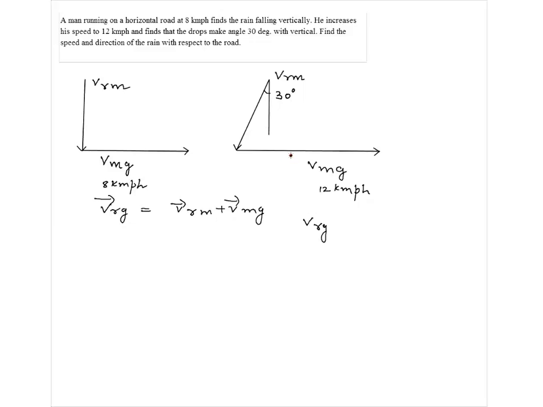If two vectors are equal, their components are equal. I'm just redrawing this. VMG 12, VRM, that's making 30 degrees from vertical.